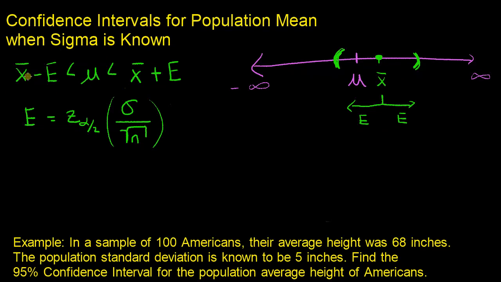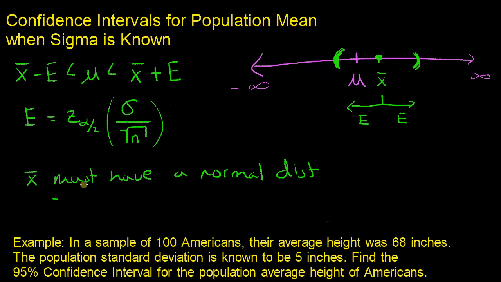In order to be able to use this confidence interval, you need to have the normality assumption. You see how Z is involved in the calculation of the margin of error. So X bar must have a normal distribution. There are two ways that could happen.